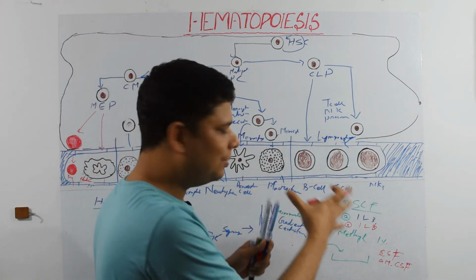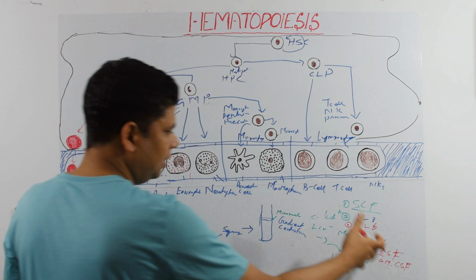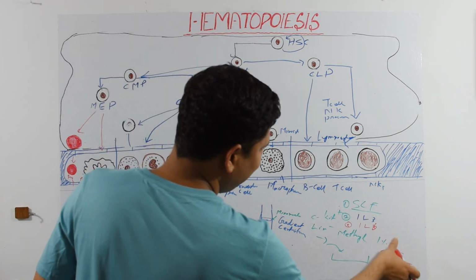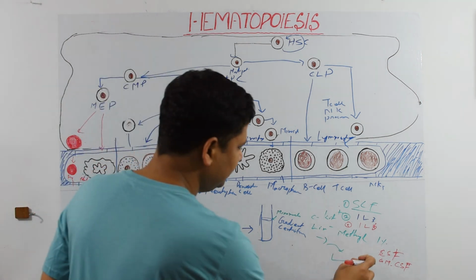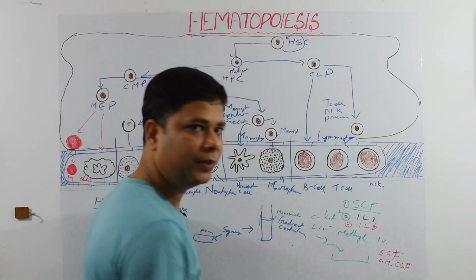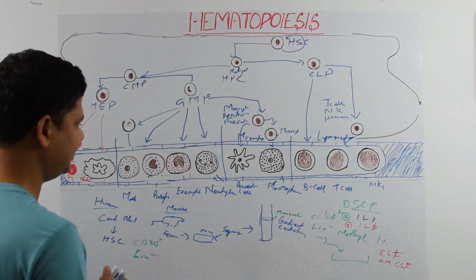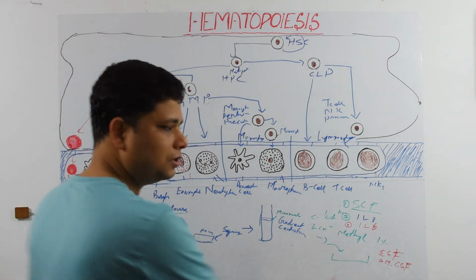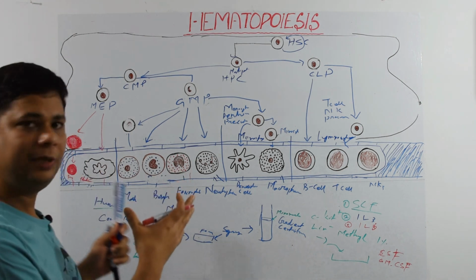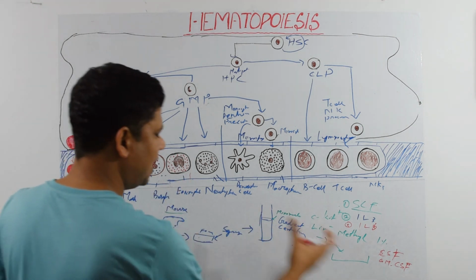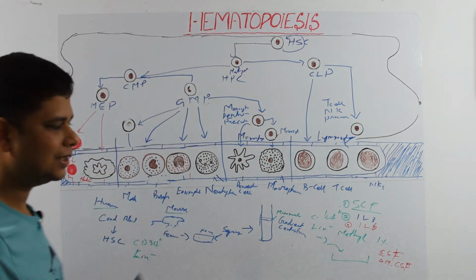These are available commercially. We can buy these stimulating factors and provide them in cell culture, so that these cells will give rise to different colonies, and we can study those colonies. So this is the normal process we perform in our lab to isolate these kinds of cells.